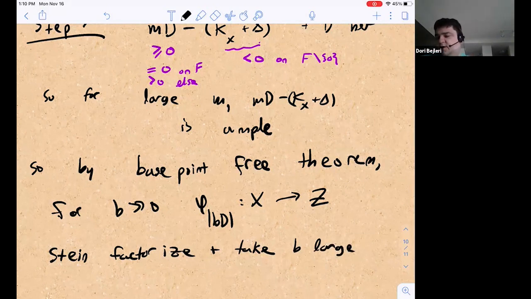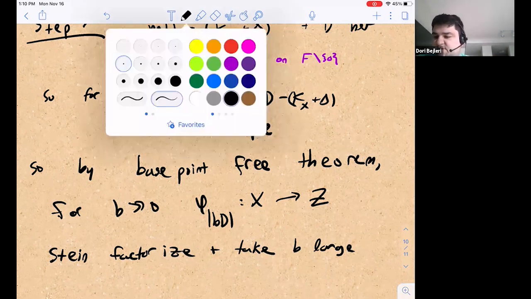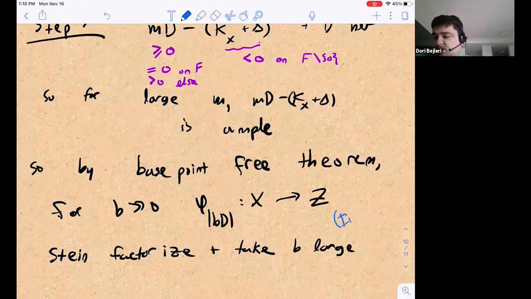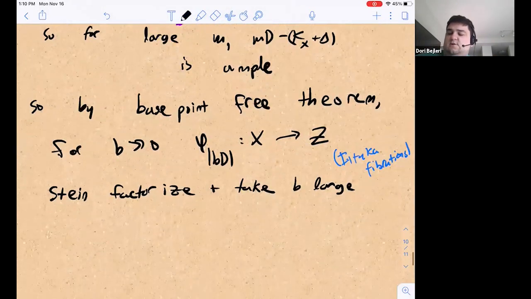Then some theory about base point free linear series tells us, so this stuff about Iitaka fibrations that we didn't cover in this class tells us that eventually this stabilizes, that the Stein factorization of these phis for large enough B are all the same.